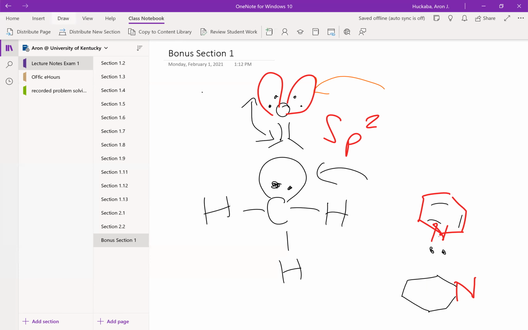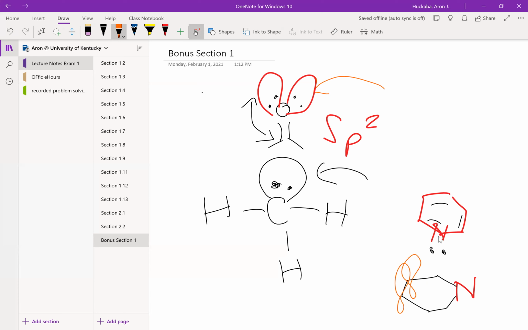We would see that each of the orbitals for those double bonds, because they're pi bonds, remember, are like this, and the nitrogen also contributes one. But that lone pair is actually out here, not contributing to the pi system.